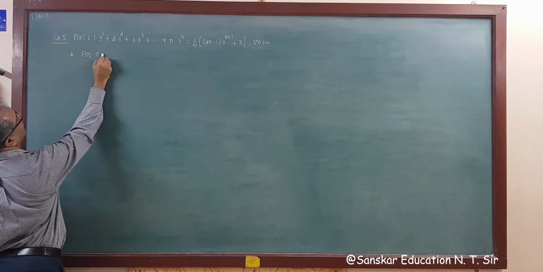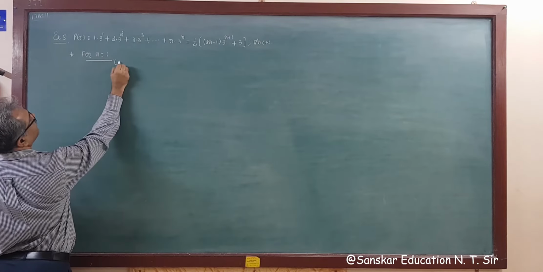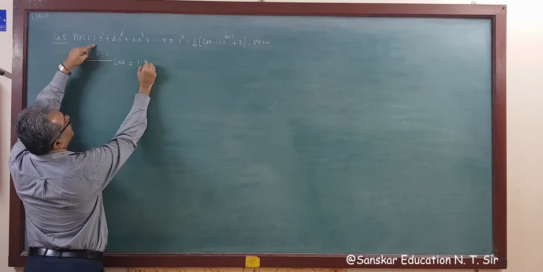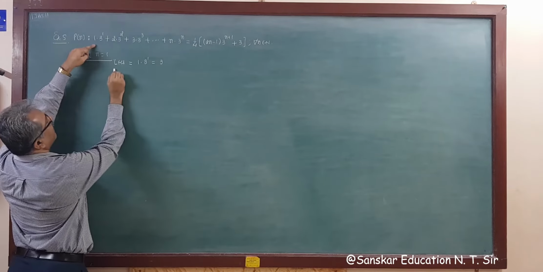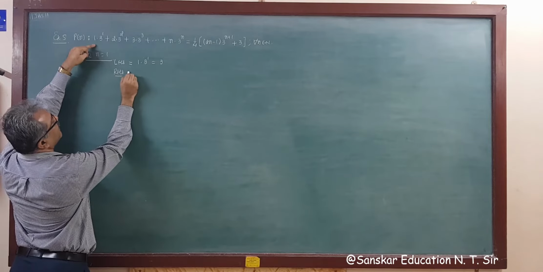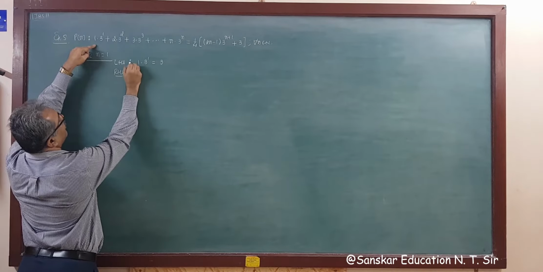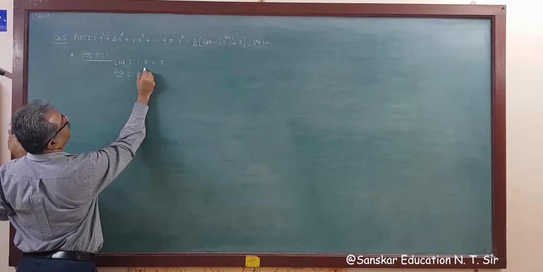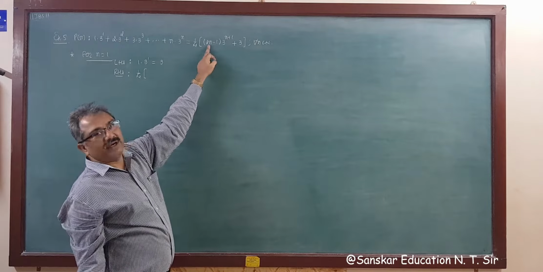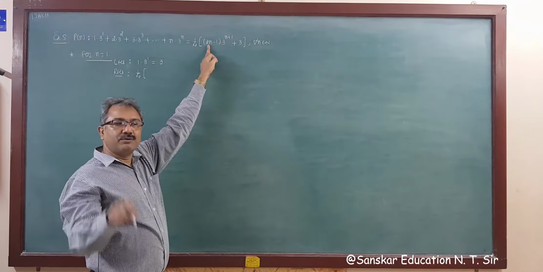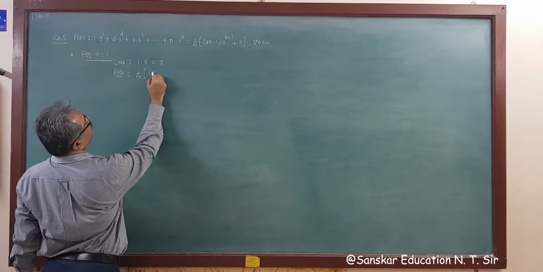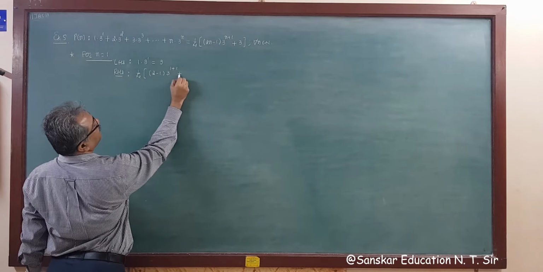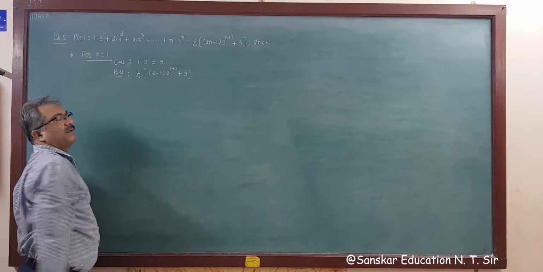So for n equal to 1, the left hand side is the first term, that is 1 into 3 raised to 1, that is 3. Putting n equal to 1, the right hand side is 1 upon 4 into (2 into 1 minus 1) into 3 raised to 1 plus 1, plus 3.